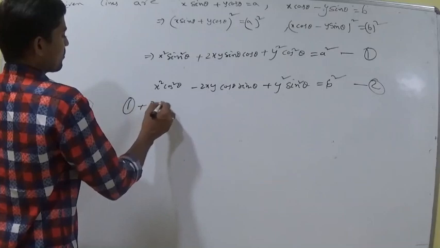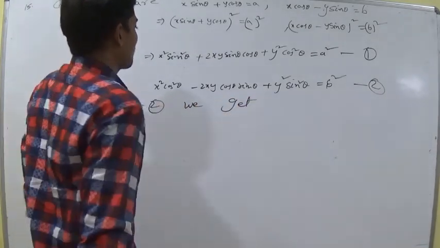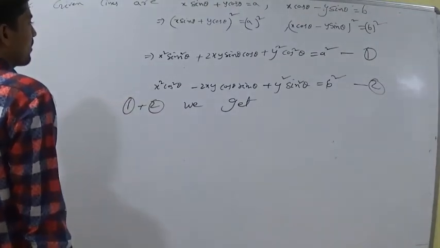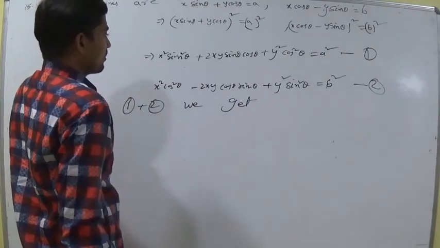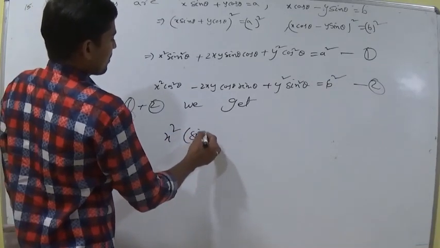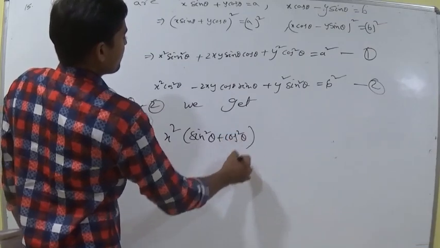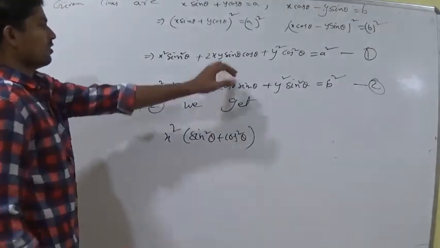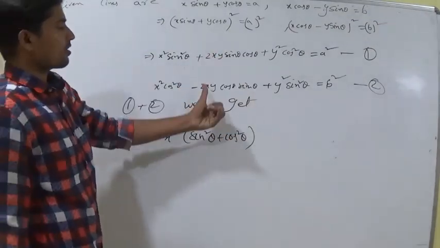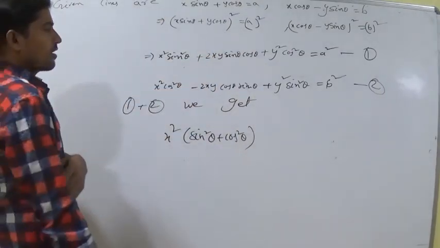1 plus 2, we get x square into sin square theta plus cos square theta, and then plus 2xy sin theta cos theta minus 2xy sin theta cos theta, both get cancelled.